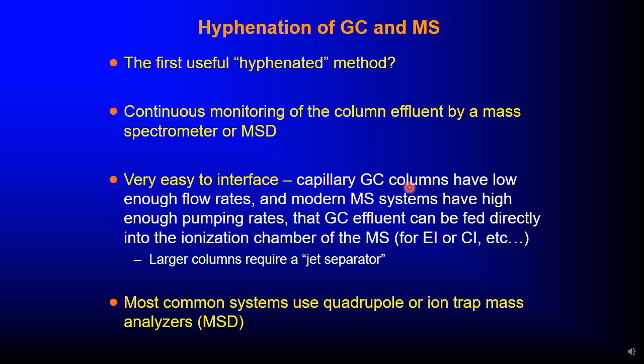Capillary gas chromatography columns have low enough flow rates, and modern mass spectrometer systems have high enough pumping rates that gas chromatography effluent can be fed directly into the ionization chamber of the mass spectrometer. So for electron ionization and chemical ionization, larger columns require a jet separator. Most common systems use quadrupole or ion trap mass analyzers.